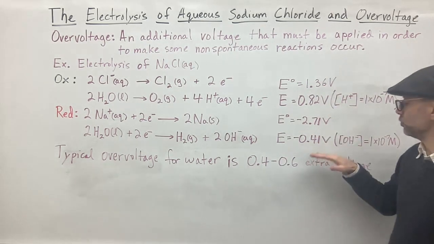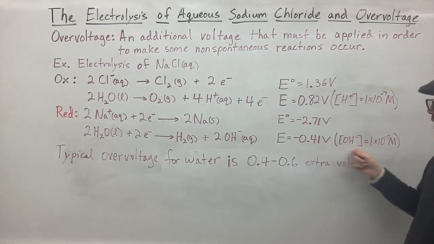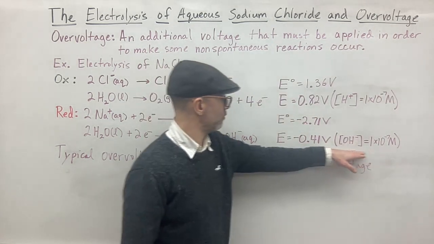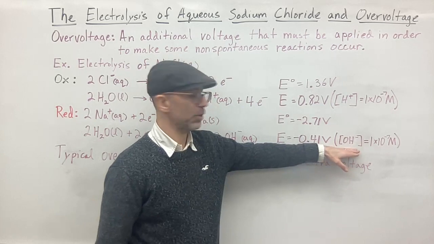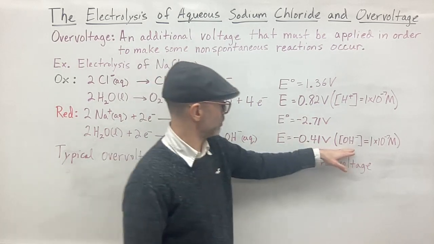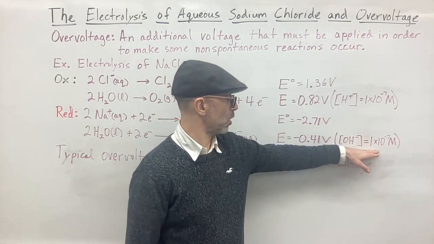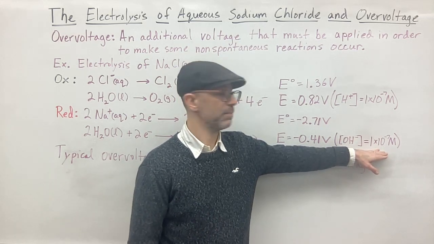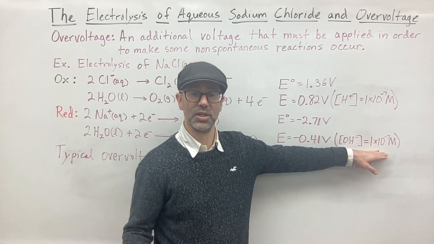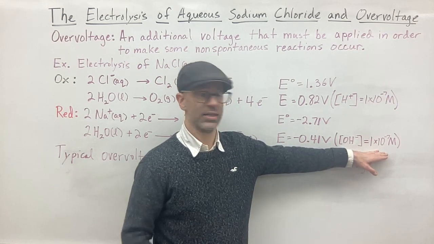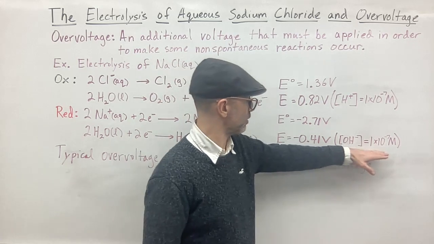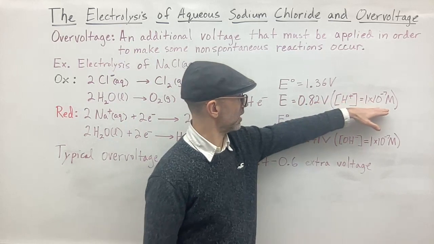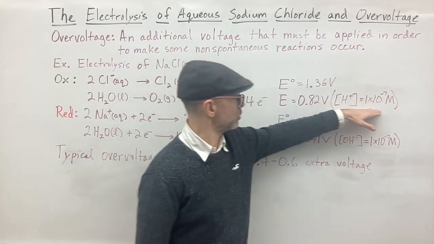Here, I just want to point out that we're looking at non-standard conditions for water. Typically when you're dealing with water, your OH minus concentration is going to be 1 times 10 to the negative 7 molar, because you have the auto-ionization of water, and that leads to 1 times 10 to the negative 7 molar of your hydroxide ion, and also 1 times 10 to the negative 7 molar for your H plus ion.